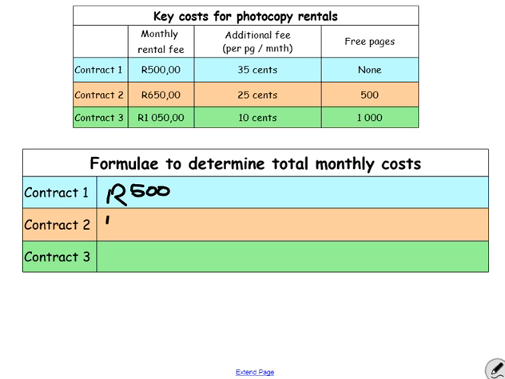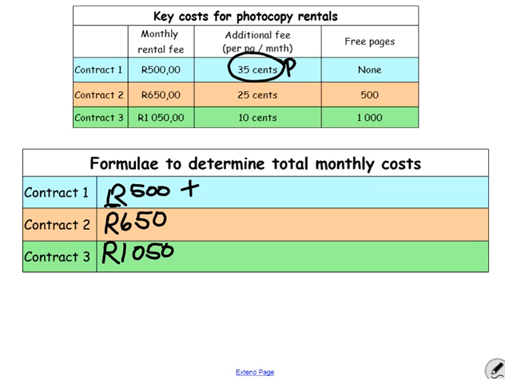Contract 2 is 650 Rand. And contract 3 is 1,050 Rand. Okay. Additional fee is 35 cents per page. To work out the fee, we are going to change 35 cents into Rand so that our formula has the same unit all along.